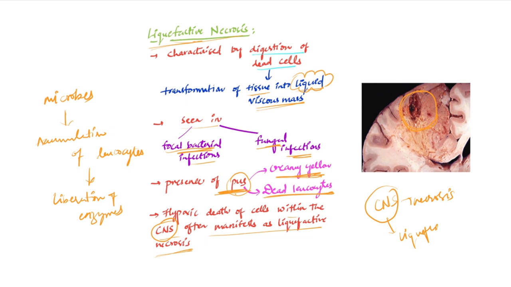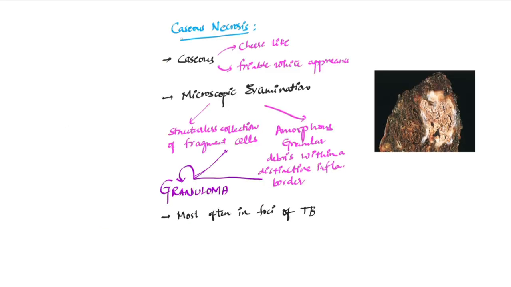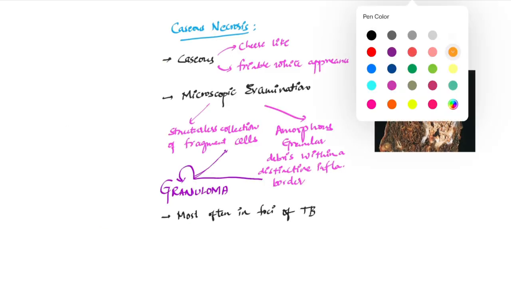So that infarct is present in the brain. As I told you before, in brain that necrosis is liquefactive necrosis. Next, coming to caseous necrosis.